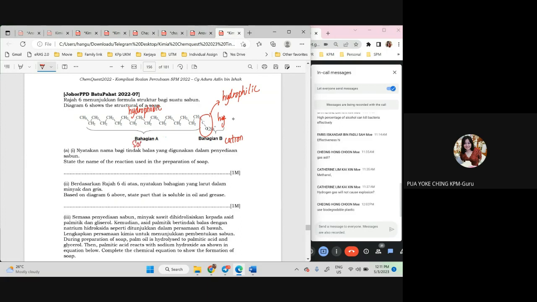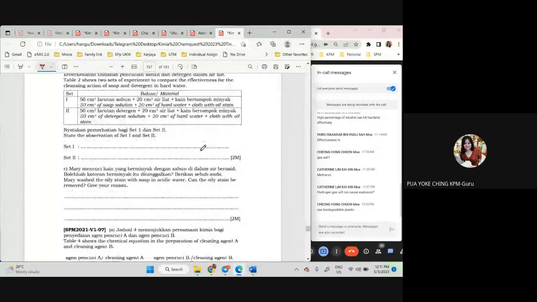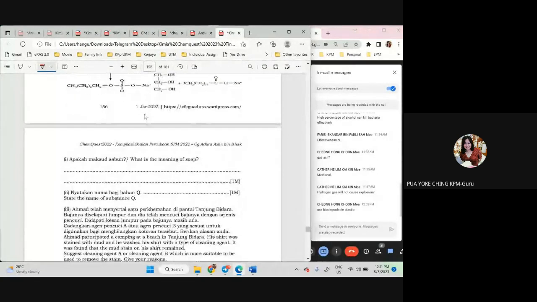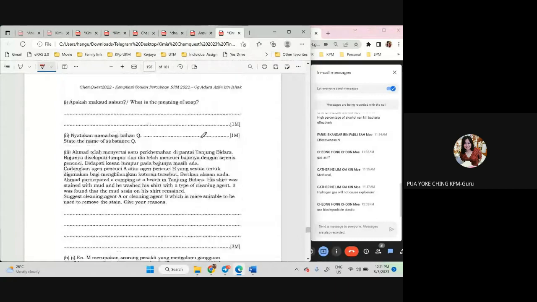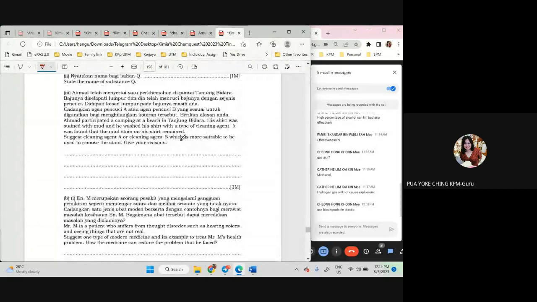Ini ialah soap anion. Dalam soap anion ada hydrophilic, ada hydrophobic. So, yang lain lebih kurang sama. Dia banyak tanya tentang soap with the hard water. And then this one is last year SPM.